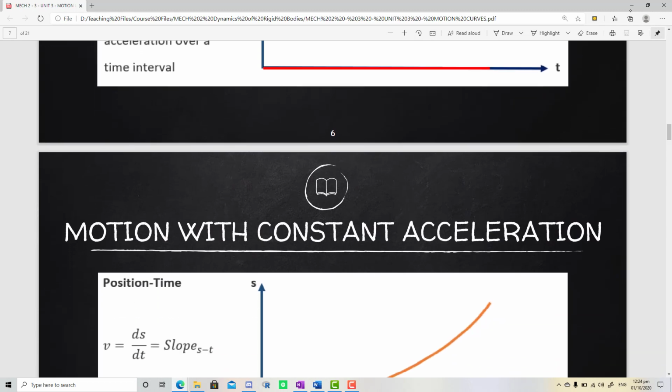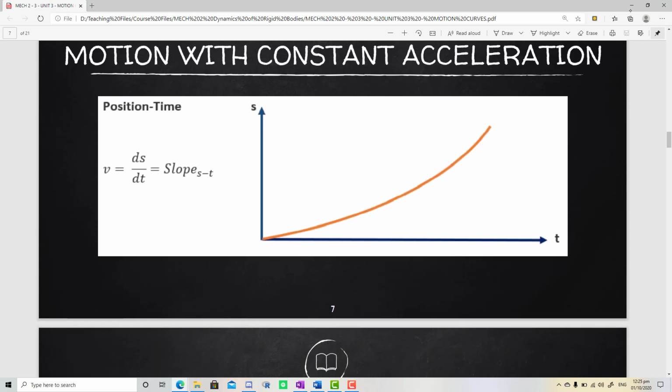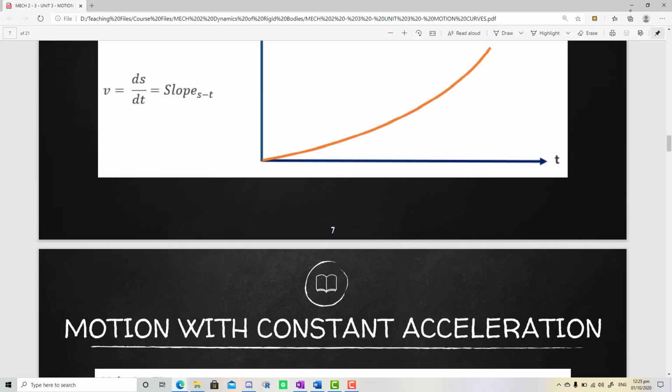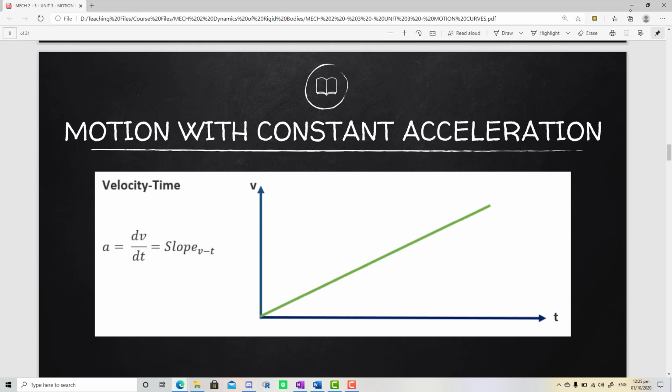So for the next type of rectilinear motion, you have constant acceleration. You have your position time graph. Same thing. Your velocity is equal to the derivative of your position with respect to time. This time, the degree of this curve is equal to 2. If you differentiate to obtain the velocity time curve, you will arrive with a first degree line.